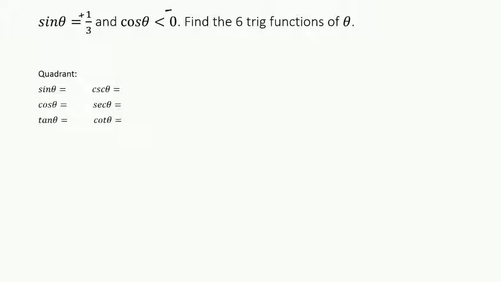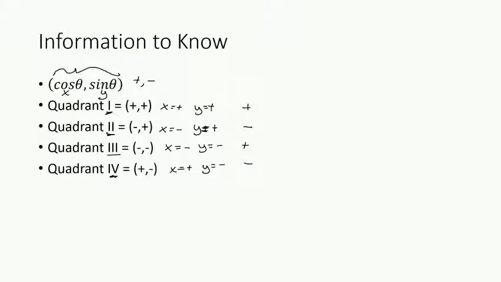Okay, so the first thing to do is think, so if cosine of theta, sine of theta, we're going to have negative y values, no, positive y values, and negative x values. So using this, if we go back here, we can see that we are going to be in quadrant 2, because that gives us negative x values and positive y values.